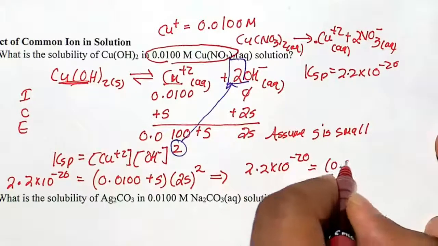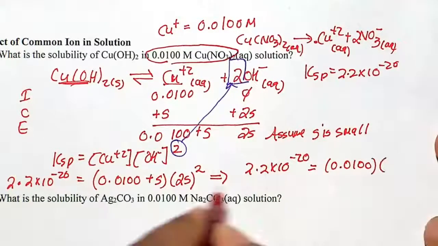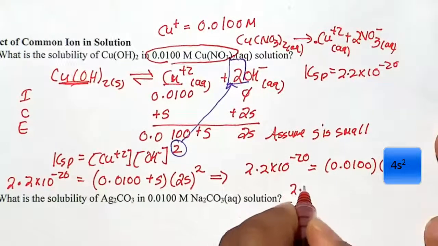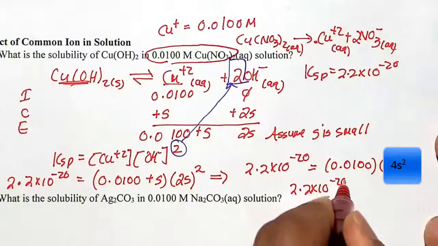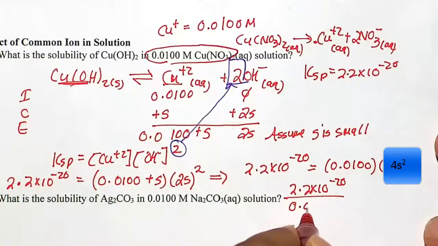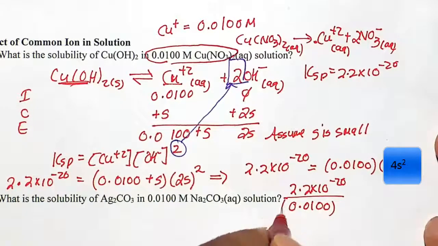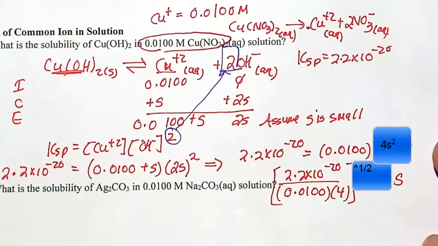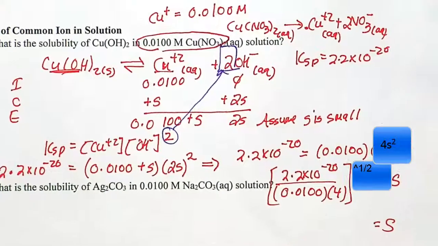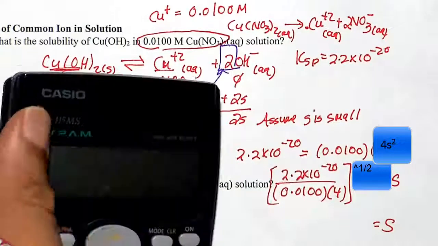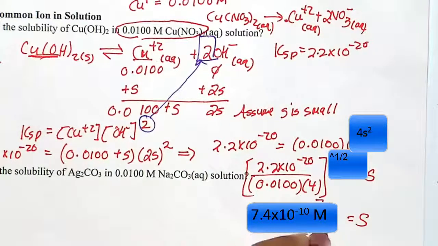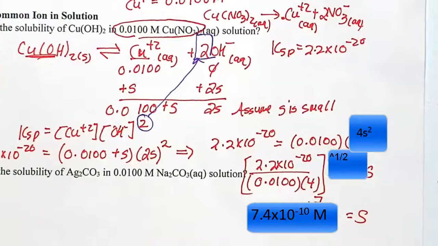So 2.2 times 10 to the minus 20 is going to equal, assuming S is small, 0.0100 times 2S squared, which is nothing more than 4S squared. So 2.2 times 10 to the minus 20 divided by 0.0100 times 4. You want to take the square root. And that's going to give you my new solubility. So let's put those numbers in and see what we get. 7.4 times 10 to the minus 10 is my new solubility.